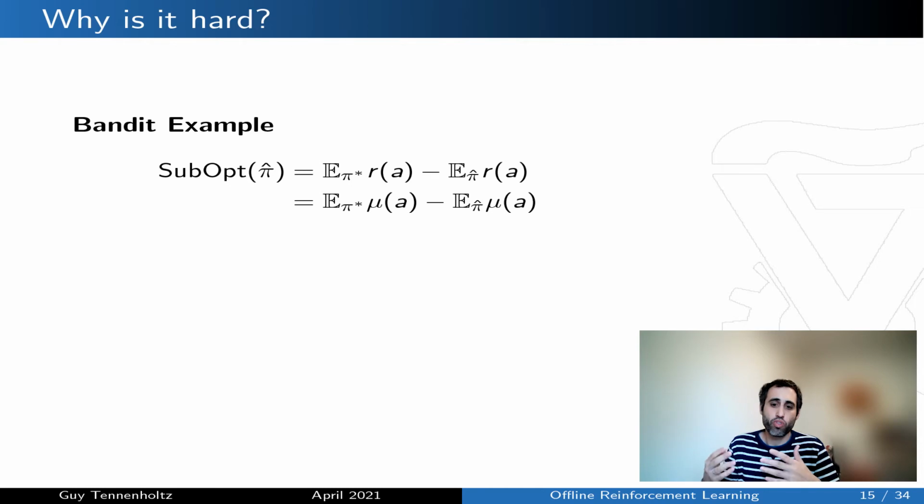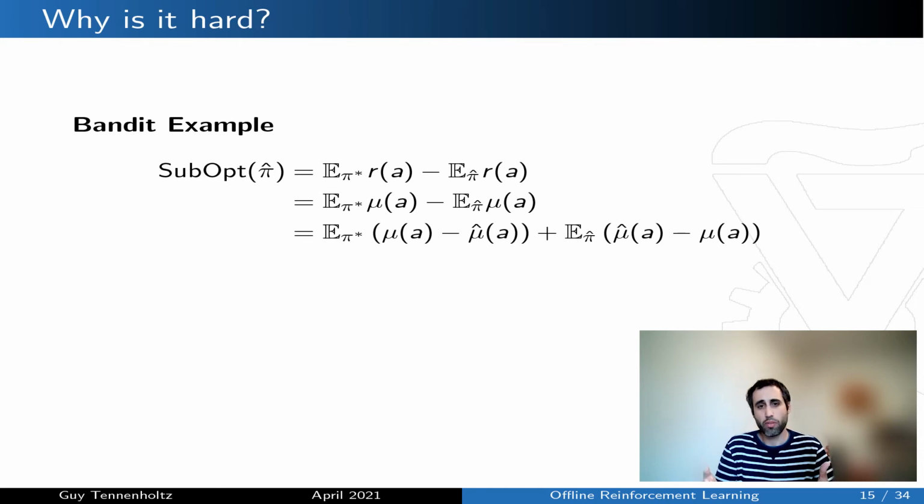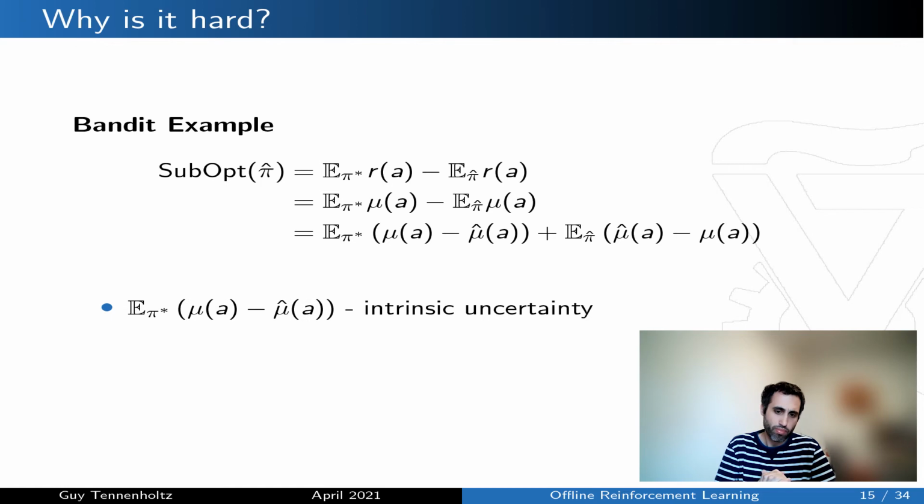And if we add and subtract our sample mean estimator, then we get two terms. Each term here has a significant meaning. The first term is a pretty simple term: it's the intrinsic uncertainty that we have in our estimator. The expectation is taken with respect to pi star. This is something that is defined by the environment.